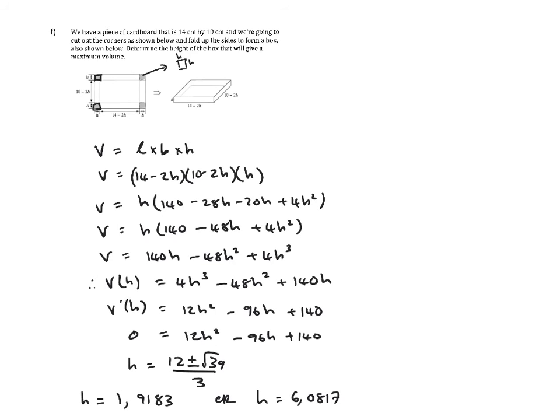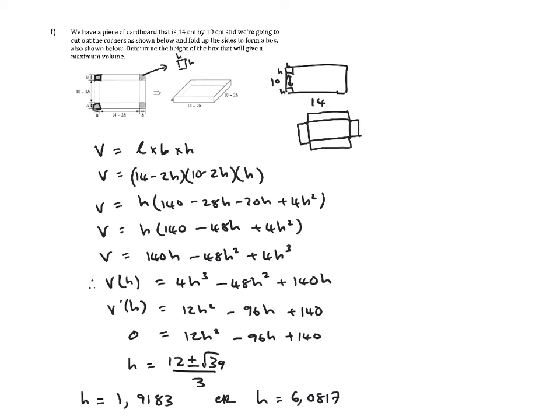So what happens now is your cardboard was originally 10 by 14, and because you're cutting out those corners, that's h and h and h. So in other words, the bottom part of your cardboard, of the box that you're making, right? There will be a flap there, and there will be a flap there.